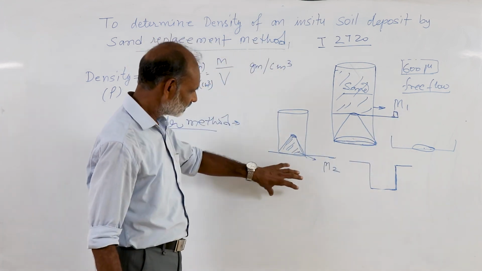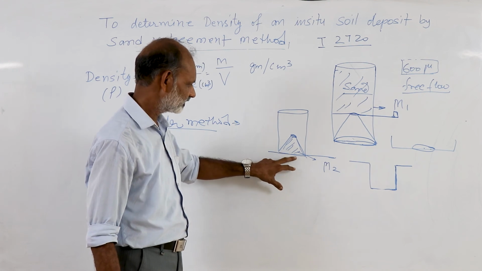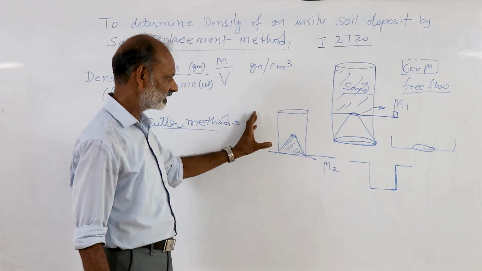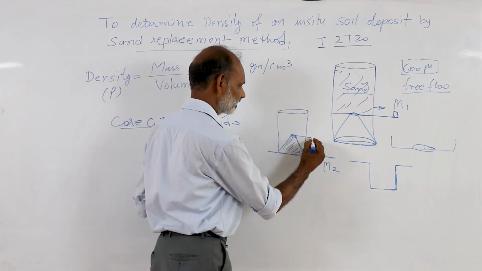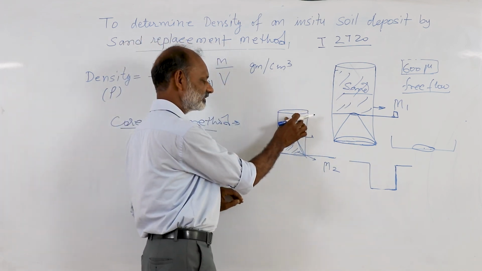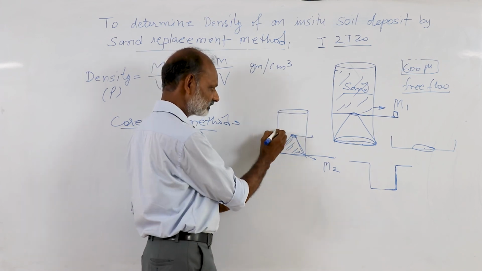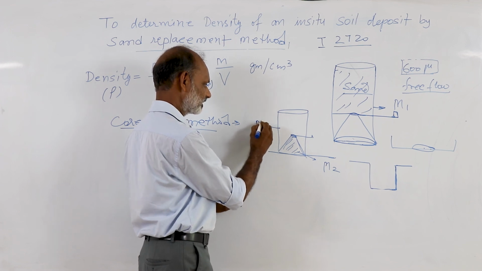Now the sand which has collected in this cone and on the glass plate is again filled, by closing this shutter, into the pouring cylinder up to the same depth. So the initial mass will again be M1.